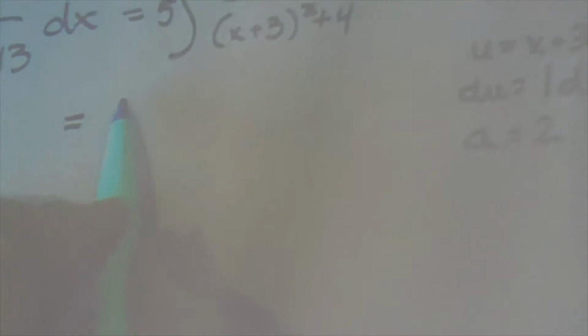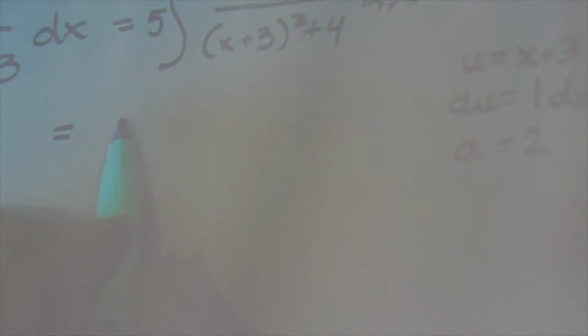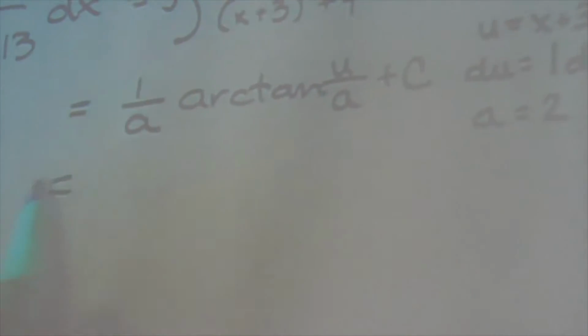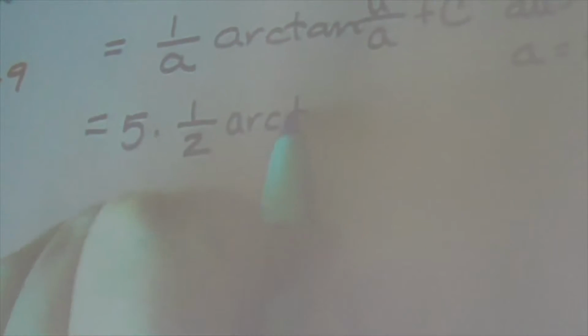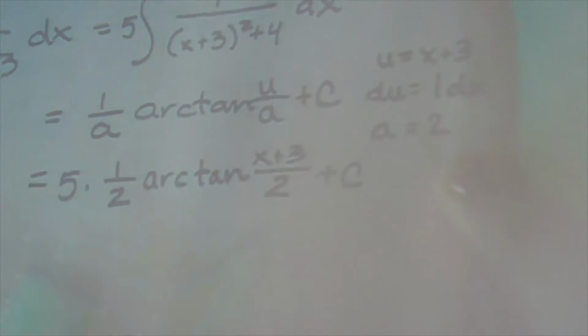So arctangent, what's the rule for arctangent? 1 over a arctan of u over a, plus c. Right? So I need to take my 5, don't forget your 5. 5 times 1 over a would be 1/2. Arctangent of u, which is x plus 3, over a, which is 2, plus c.